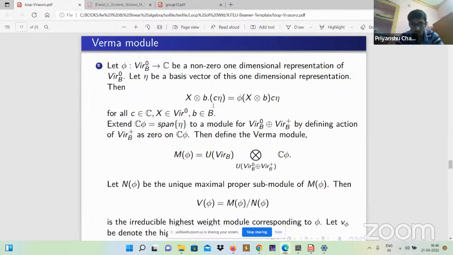Then x tensor b acts on Cη as φ(x tensor b) · Cη, where c in C, x in V_0 and b in B. Now we extend this Cφ, the span of η, to a module for V_0 direct sum V_B^+ by defining the action of V_B^+ as 0 on Cφ, and then construct the Verma module M_φ. Let N_φ be the unique maximal proper submodule of M_φ. Then V_φ = M_φ/N_φ is the irreducible highest weight module corresponding to φ. We consider v_φ to be the highest weight vector for this V_φ.